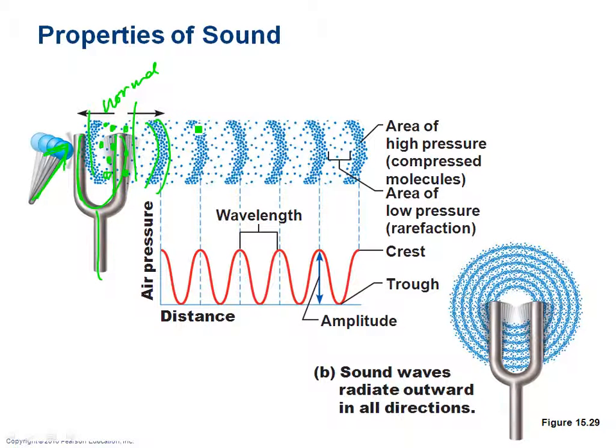That's what these are. So these would be areas of high pressure. Well, if you took everything that was in this area and squished it to one side, what's going to happen in this area? It's going to be low pressure. You're not going to have as many molecules of air in that area. You're going to have tons in one area and not that many in another. So this is a low, and this is a high pressure area of molecules.